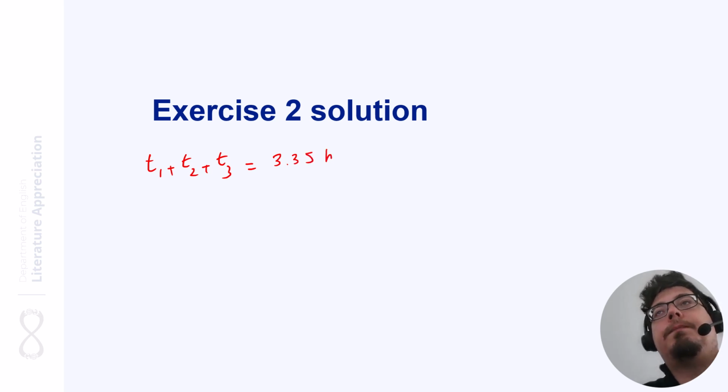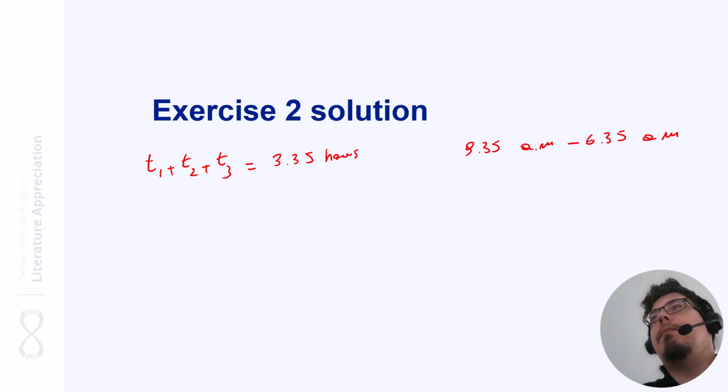This is hours, because it's 9.35 a.m. minus 6 a.m. So it was 6 a.m. So we know that it's 3.35 hours, which we convert into seconds.